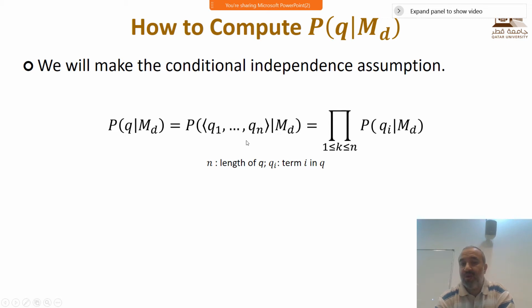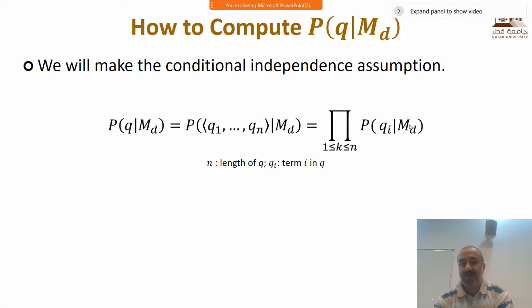We will assume that these terms are completely independent given that model. So this probability is equal to the multiplication of the individual probabilities. Probability of Qi, what is Qi? That's term i in the query, given the language model of the document.